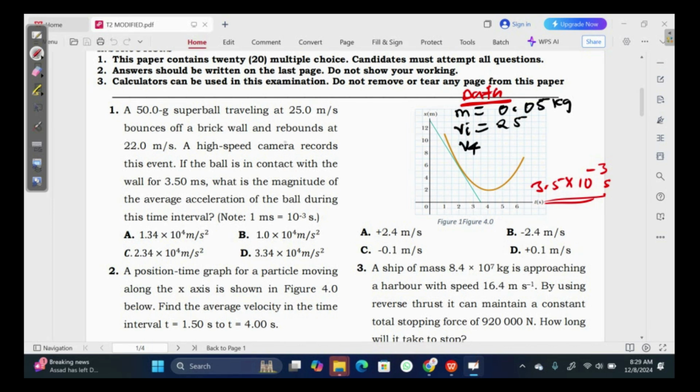Now the question is, when they say it bounces off a brick wall and rebounds, so the ball was going and then it bounces back, so it had to hit on something, then it has to go back. Meaning that the velocity which was going this side is positive. The velocity for bouncing back, the way when they use bouncing back, that final velocity is always negative.